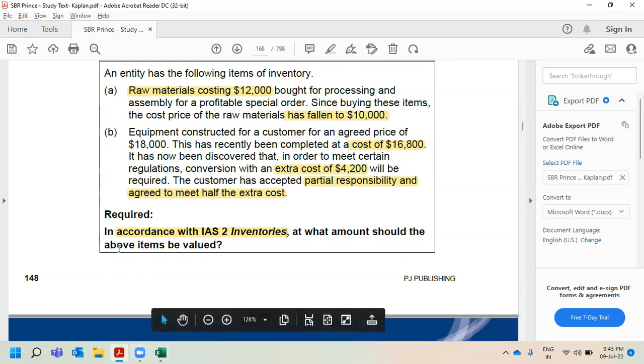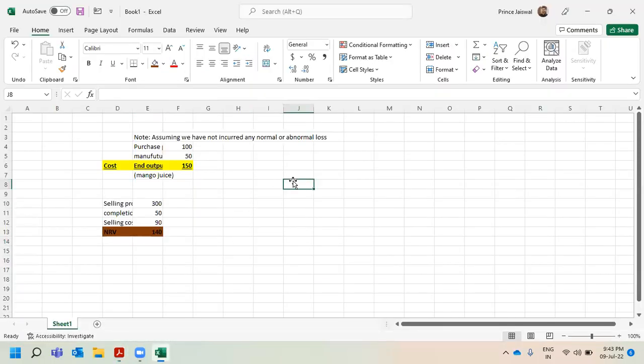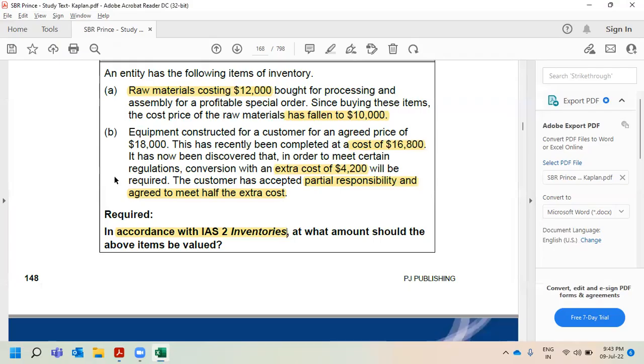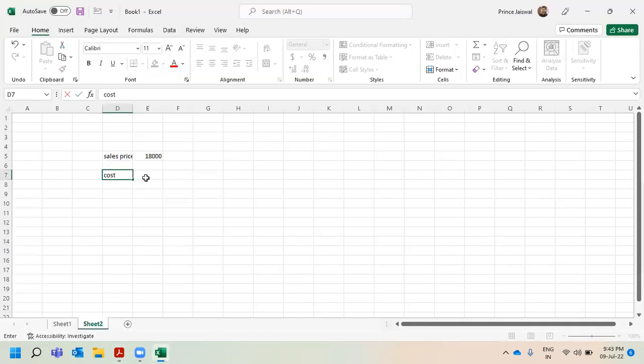Let's take an example. I will explain it in Excel, so it will be better for you. Our sales price is $18,000, and our cost to manufacture it is 16,800.